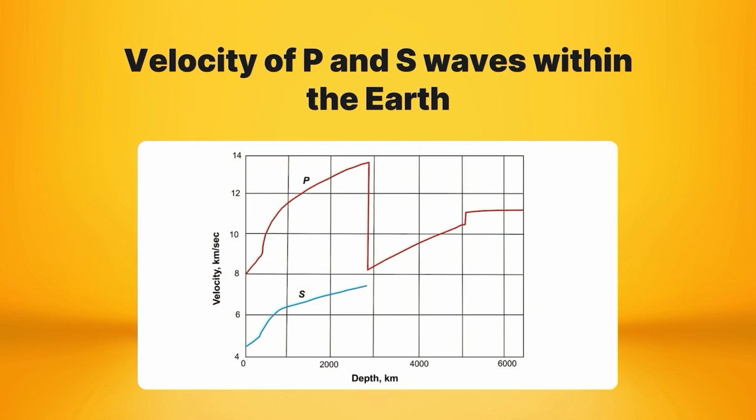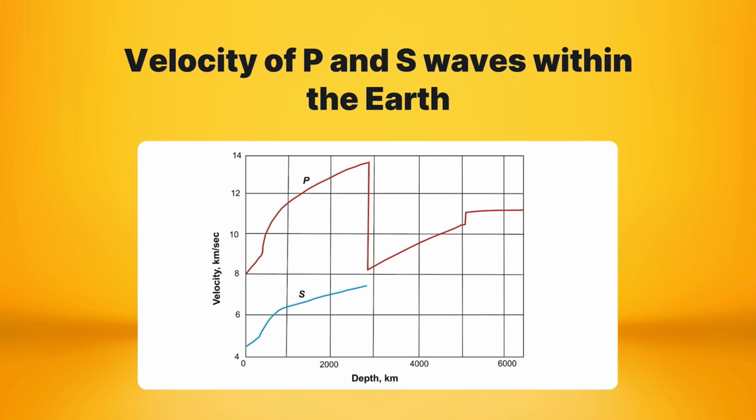Similarly, the velocities of P waves, primary waves, and S waves, secondary waves, within the earth also change with depth. Here there are primary waves. The primary wave is again changing its velocity. The velocity change in the seismic wave depends upon the compactness of the material.